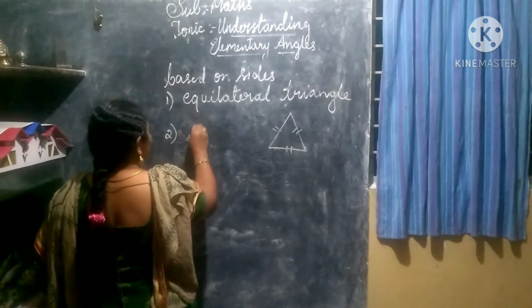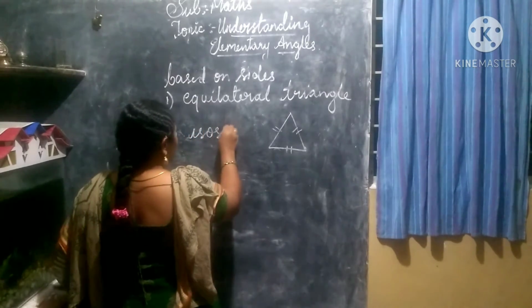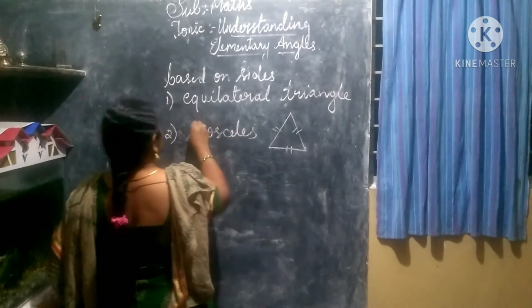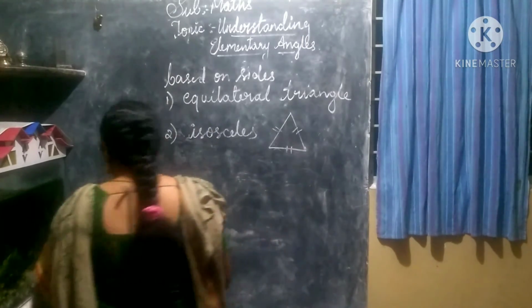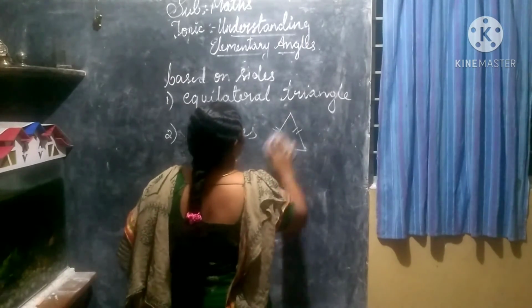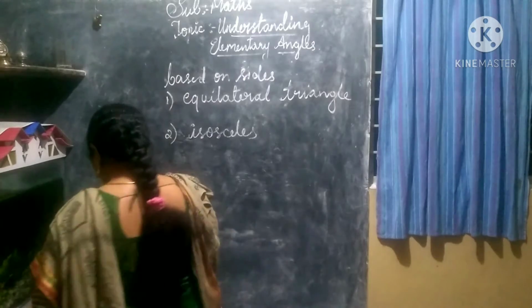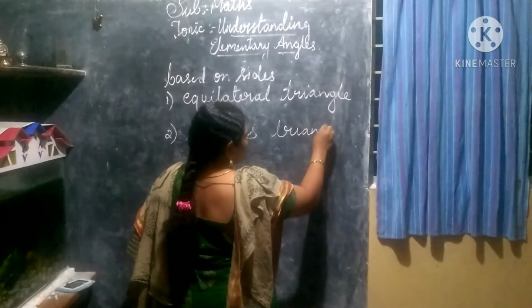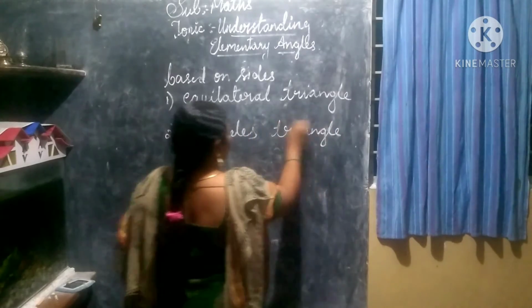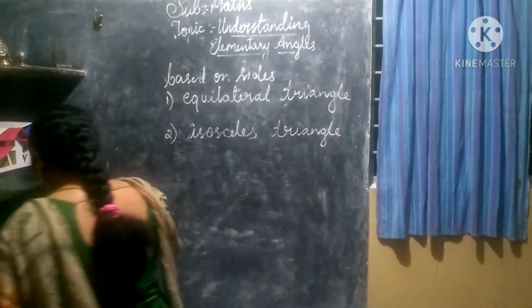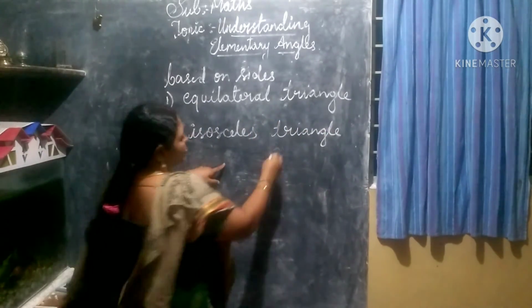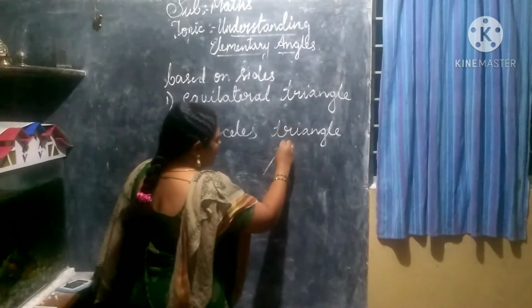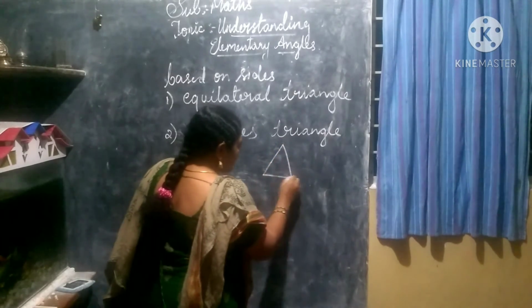Second one is the isosceles triangle. In an isosceles triangle you have 2 sides equal and the one side different.